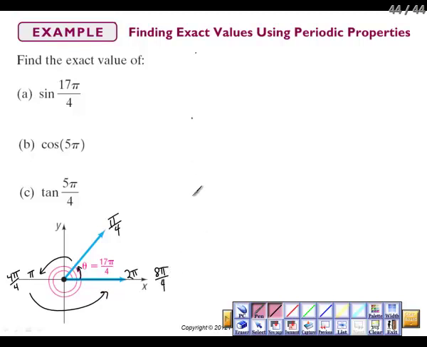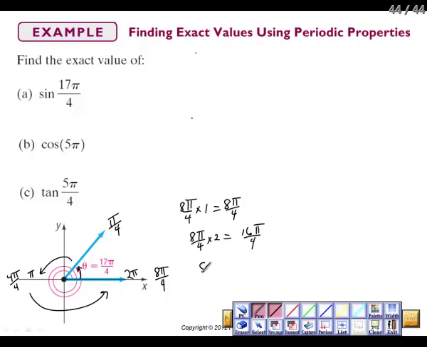So if you want to look at this in terms of increments of pi over 4, we can look at this as 8 pi over 4 times 1 time around. That's still just 8 pi over 4. So 8 pi over 4 times 2, 2 times 8 is 16, so that'd be 16 pi over 4.